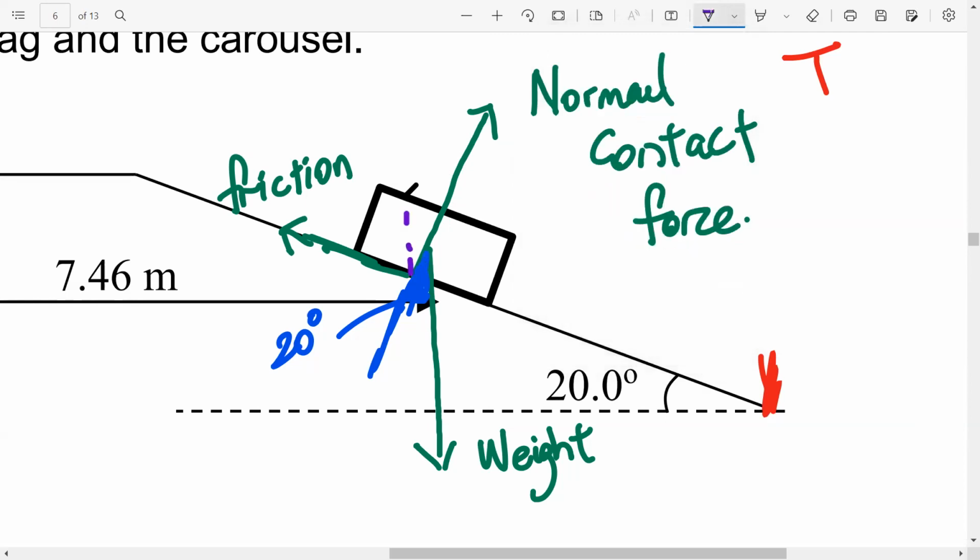Now I draw a vertical line here. When we resolve forces, we resolve parallel and perpendicular to the direction of the force, so in this case we resolve horizontal and vertical, because the centripetal force, the resultant force, is leftwards, horizontal. So here will also be 20 degrees, and here is also going to be 20 degrees.